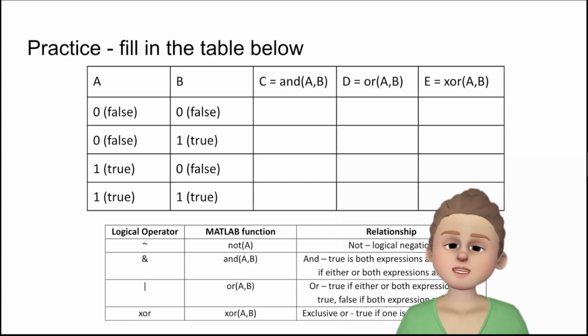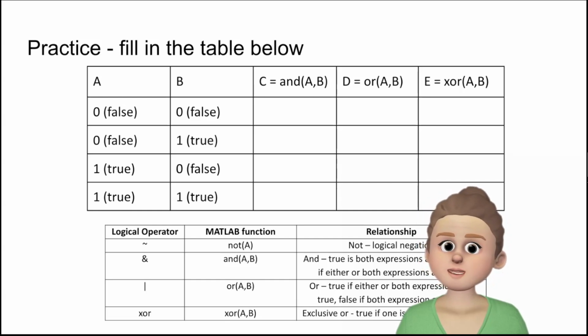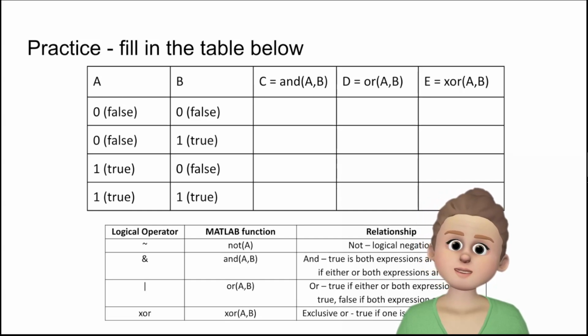So what I'd like you to do is just take a minute with these two tables and try to fill in the table to see when the conditions C, D, and E are true and when they're false. So go ahead and pause the video and come back once you have completed this quick task.